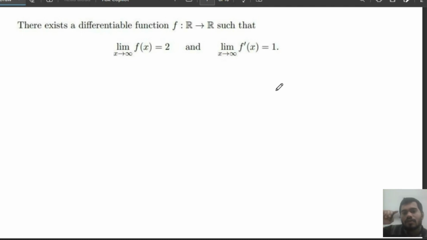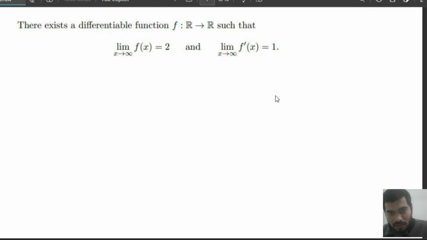In that book, they have given one such problem, I remember. So we will utilize that. It is given that f is differentiable and the limit as x goes to infinity of f(x) equals 2 and the limit as x goes to infinity of f'(x) equals 1. Is it possible to have such a differentiable function? And it is not. See why.